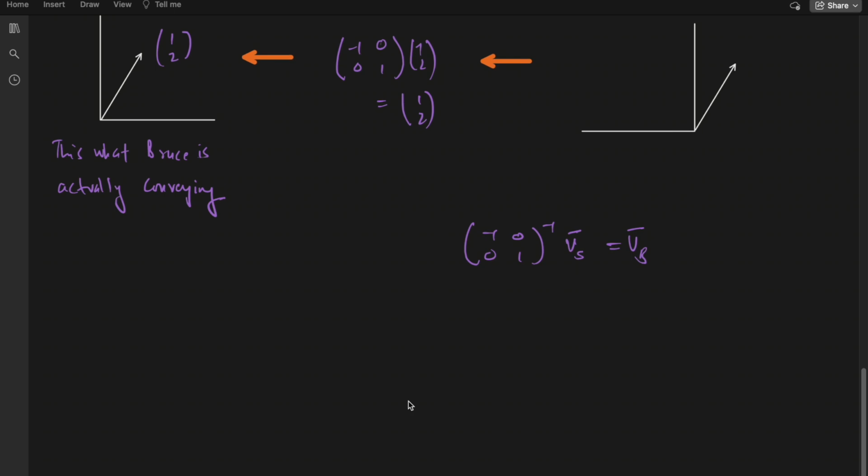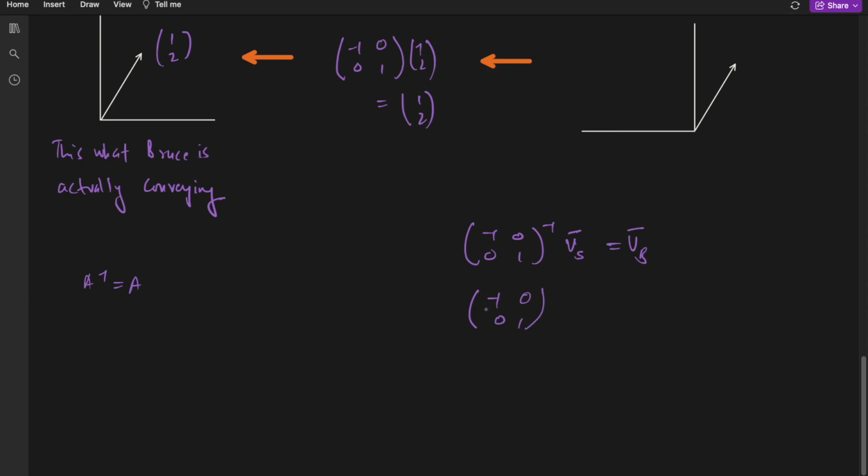As I already stated, to convert a vector from the standard system to Bruce's system, we need to transform that vector using the inverse of this matrix. The inverse of this matrix is the same matrix, -1, 0, 1. This is actually a special type of matrix where A inverse, the inverse of the matrix, is equal to A only, the same matrix.